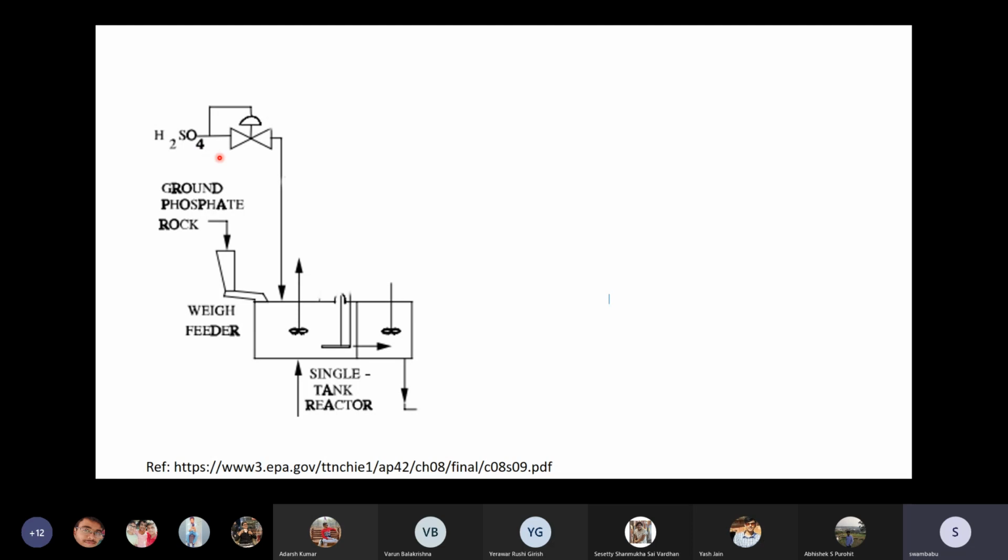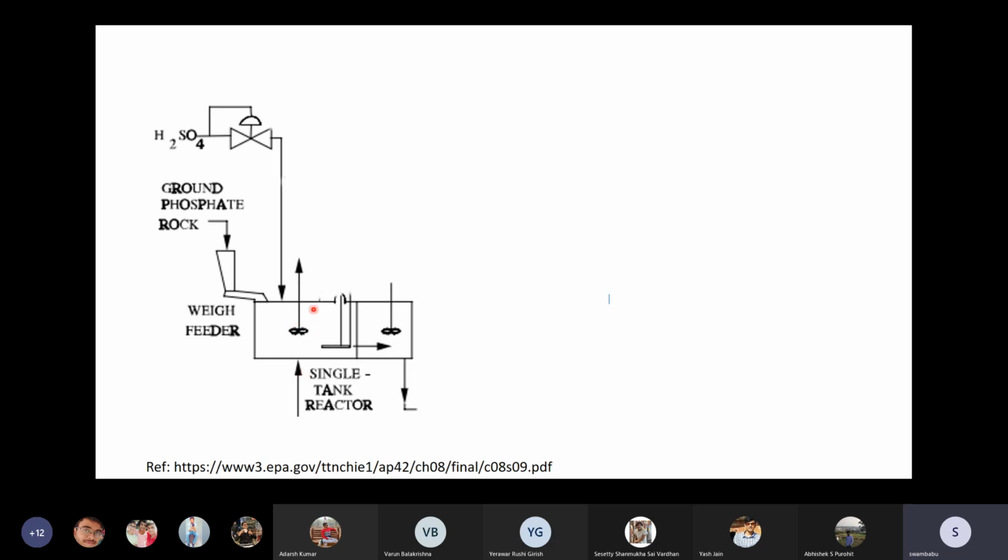That's why only the required amount of acid needs to be introduced. So they weigh the particles using the weighing feeder, and based on the amount of particles fed to this CSTR, this control valve is adjusted to introduce the required amount of sulfuric acid.